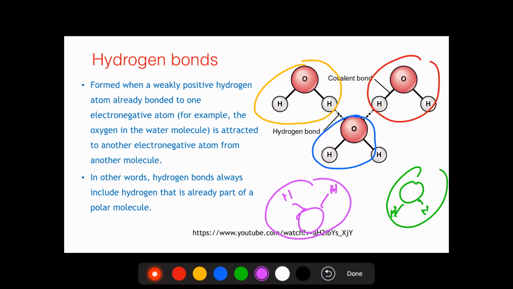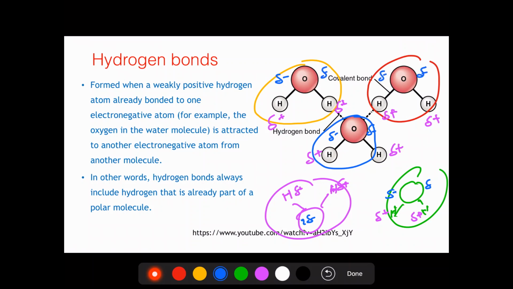Each one of these hydrogens is slight positive, the same thing here. All of these hydrogens are slight positive, and of course all of the oxygens are slight negative, 2 slight negatives.